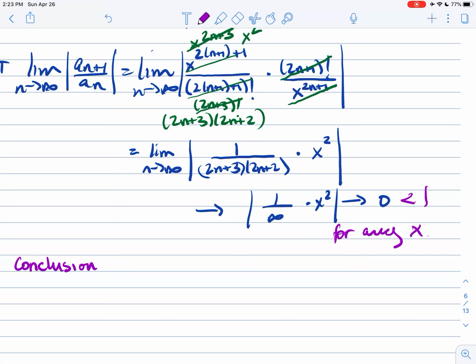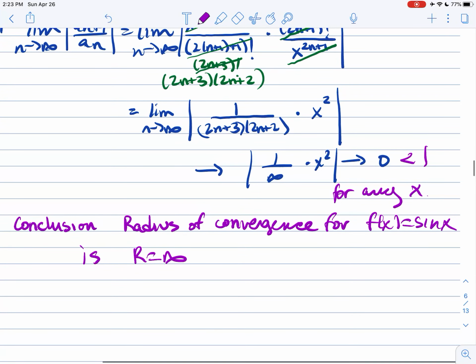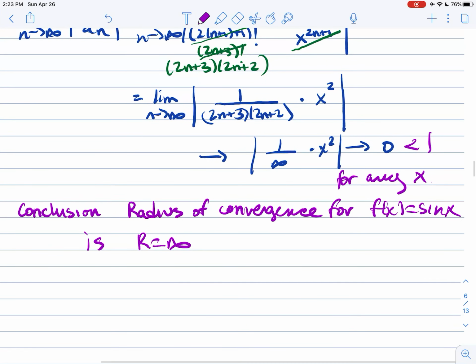So it doesn't matter what value of x is, so our conclusion here is the radius of convergence for f of x equal to sine x is r equal to infinity.